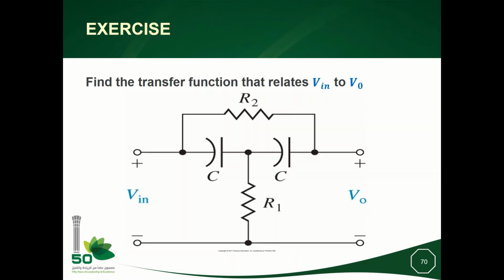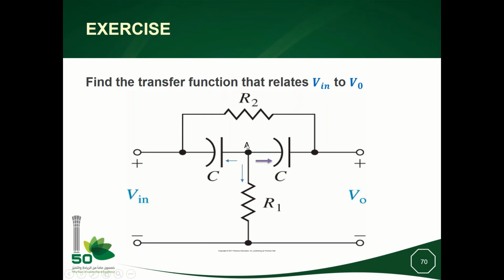I will not solve this exercise completely, but I will give you a hint how to get the transfer function V0 divided by Vin, meaning the voltage of the output divided by the voltage of the input. The simplest way is to define essential nodes.